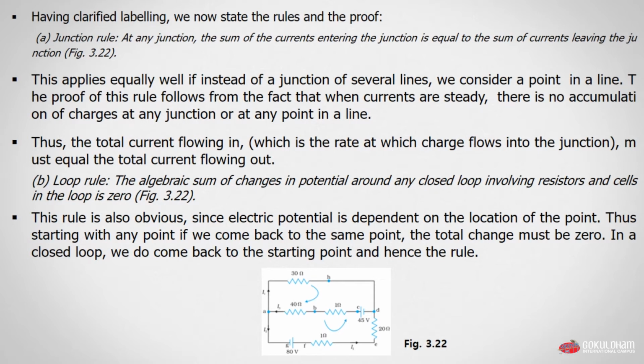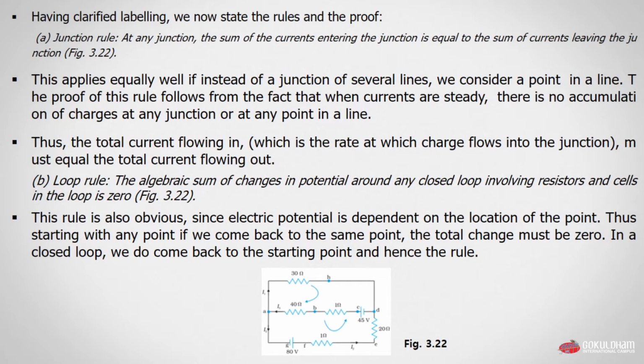The second rule is the loop rule, according to which the algebraic sum of changes in potential around any closed loop involving resistors and cells in the loop is 0. Means this rule is also obvious since electric potential is dependent on the location of the point. And thus, starting with any point, if we come back to the same point again, then the total change must be 0.